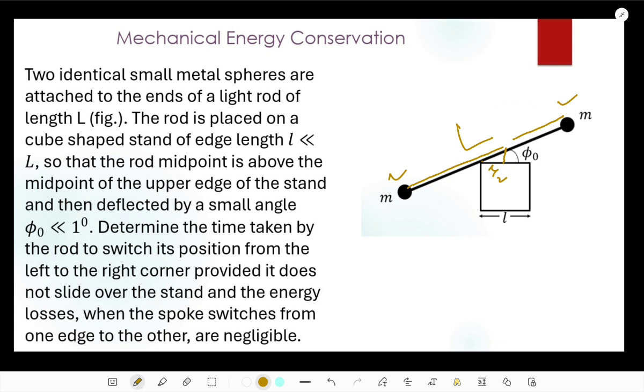It does not slide over the stand, and the energy losses when the rod switches from one edge to another are negligible. Okay, that means the statement of the problem is strongly suggesting us to use mechanical energy conservation. But let's do something to this figure.